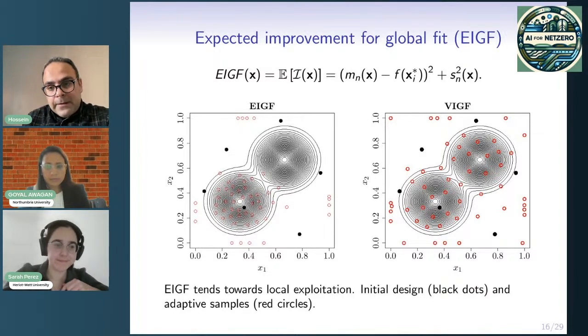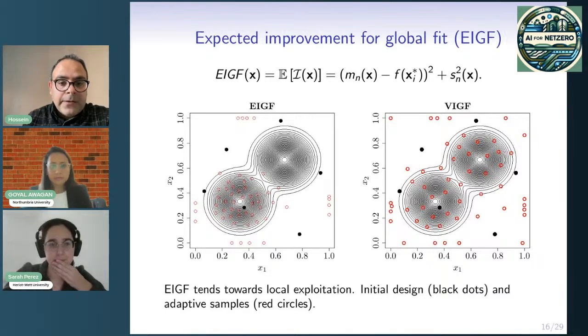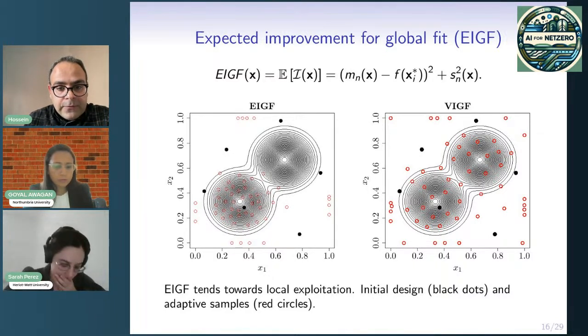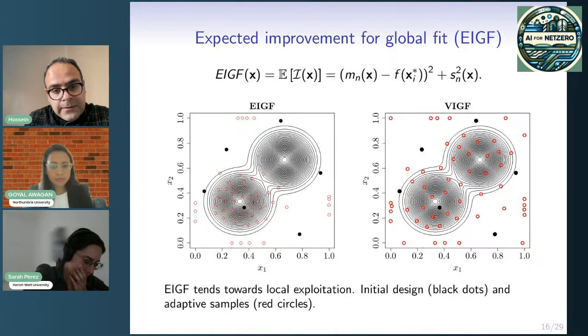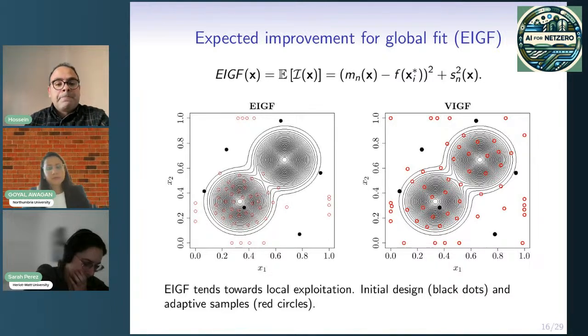Here is a good example, a 2D example where the underlying function is a sum of 2 Gaussian functions. As you can see, expected improvement puts all the new samples, which are red circles, in this area, while this area is unexplored. The black dots are the initial design, and the red circles are the sampling points obtained by expected improvement for global fit.